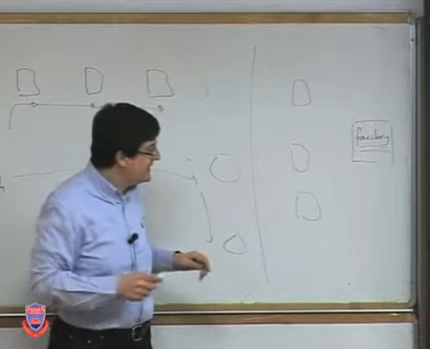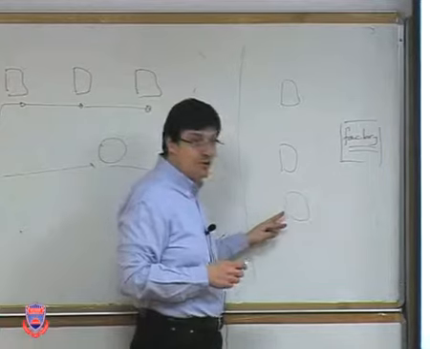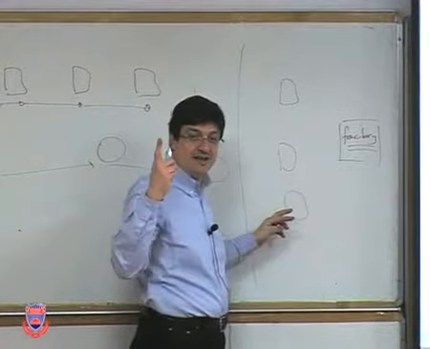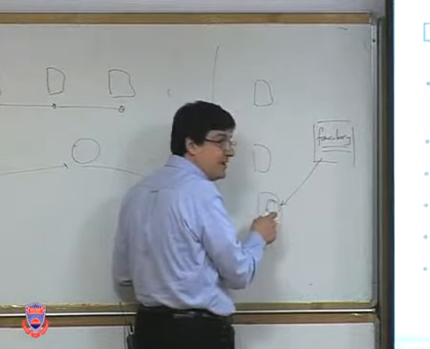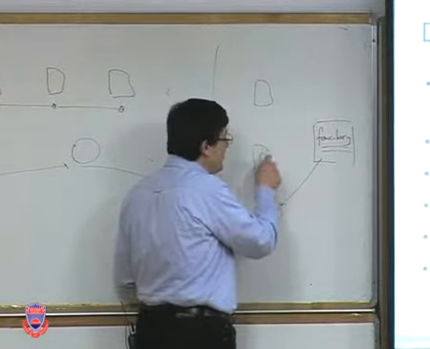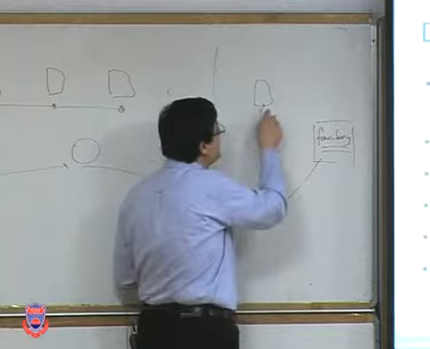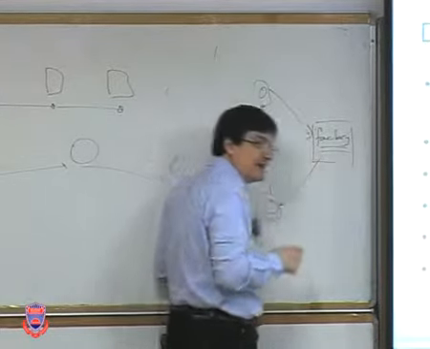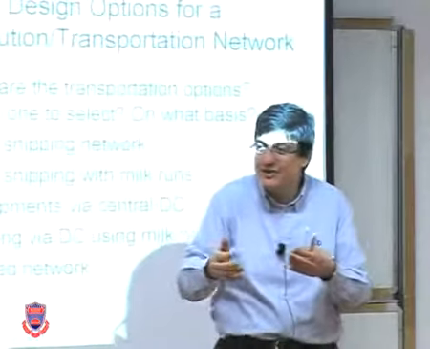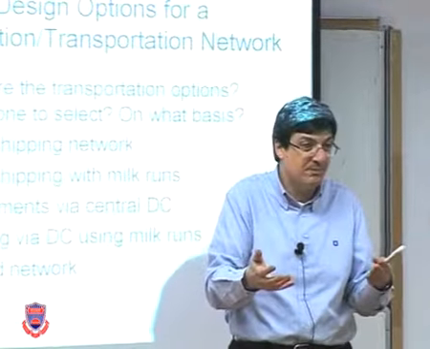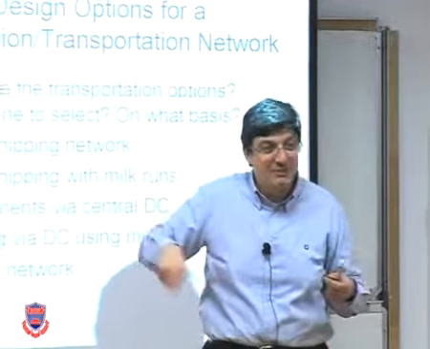So again, the supplier may use milk runs as well. You might have a single truck which leaves your factory, collects some items here, collects more items here, collects more items here, and comes back to the factory, so that you have all the parts necessary for the same production at the same time. Okay? This is also a milk run.